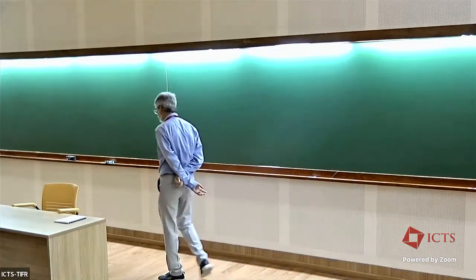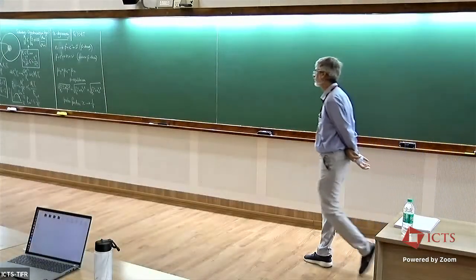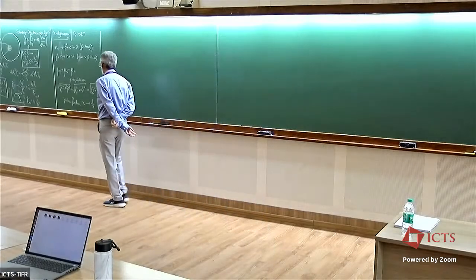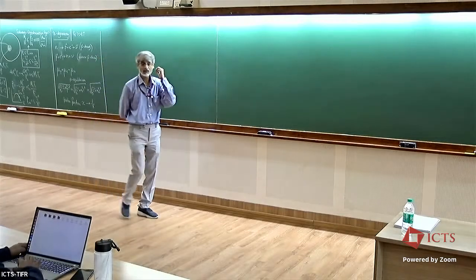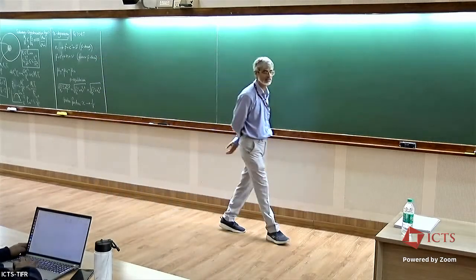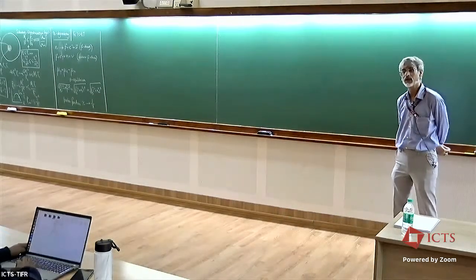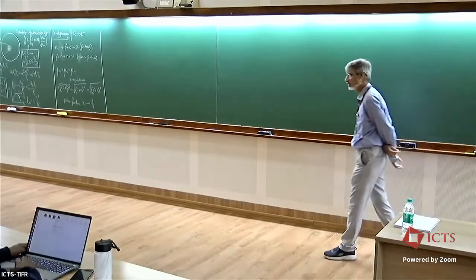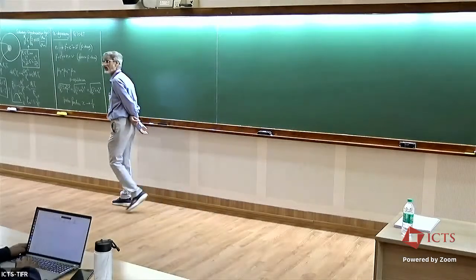What is the number of atomic mass units? 4, right? Okay. So 4 atomic mass units. And what is the size of a nucleus typically? 10 to the power of minus 15 meters, right? Which is a femtometer.